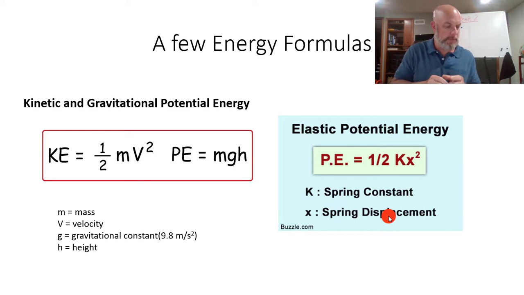Or if I put something in there and wanted to shoot it across the room, a little slingshot kind of thing, the farther I pull back, the more energy I'm putting in, so the farther it's going to shoot, okay? So our total elastic potential energy primarily comes from the spring displacement, how much energy you're actually putting into it.